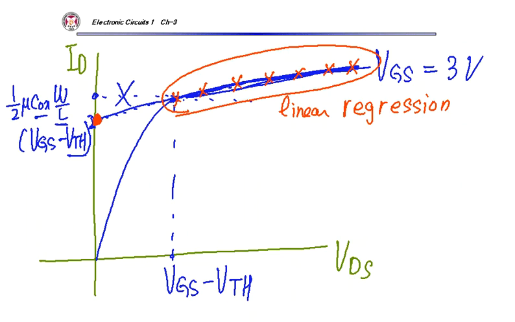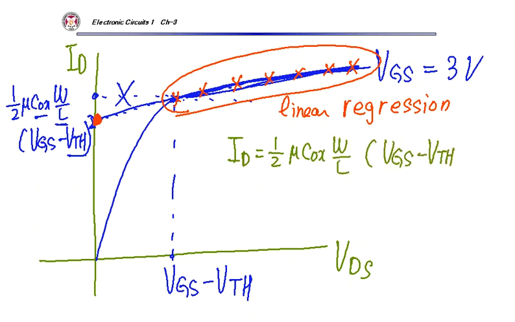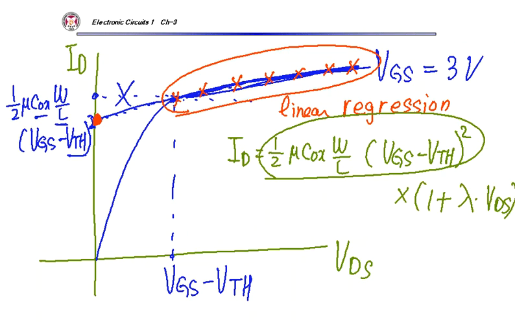Your current equation. So this value is that value. Then you can find this slope, right?